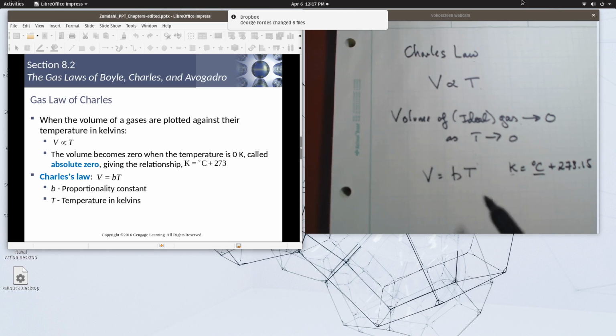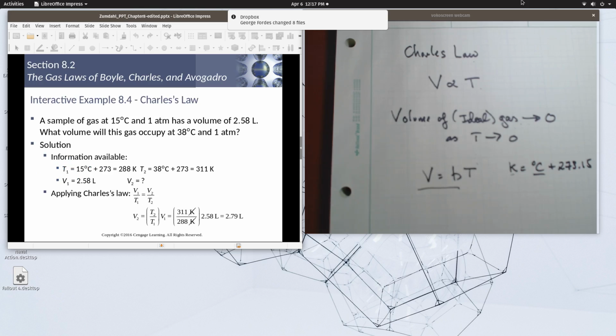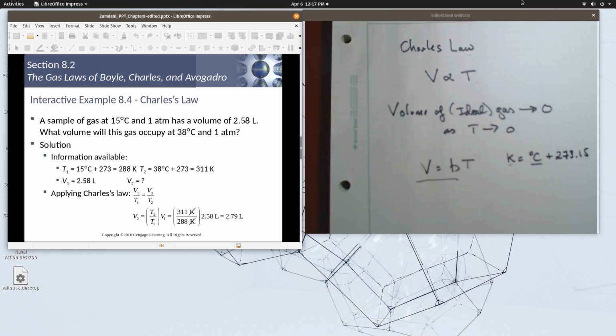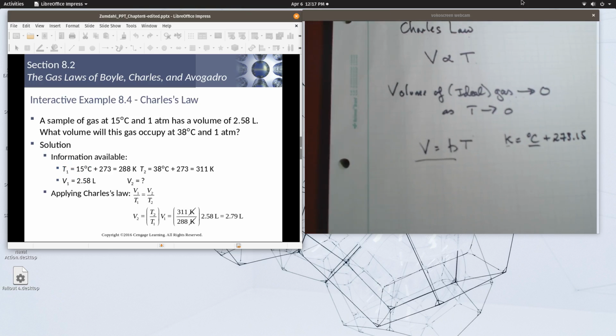Okay, so this is Charles's law, and we can do the same sort of analysis. If I have a sample of gas at 15 degrees Celsius in 1 atmosphere, now always convert things to Kelvin, and make sure that you're using the right number of significant digits when you do so.